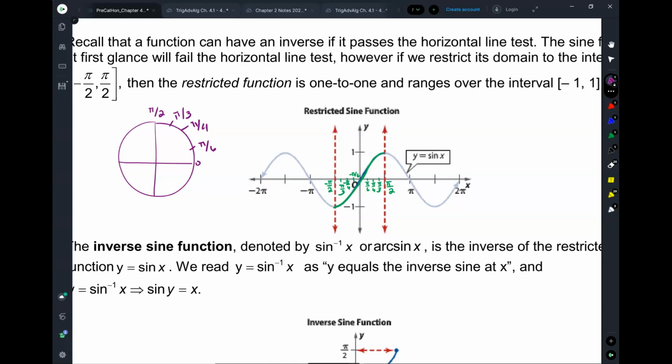That's the region from 0 to negative pi over 2, which here is the bottom, correct? 0 to negative pi over 4, negative pi over 6, negative pi over 3, and then negative pi over 2. So now my restricted domain only corresponds to those two quadrants.